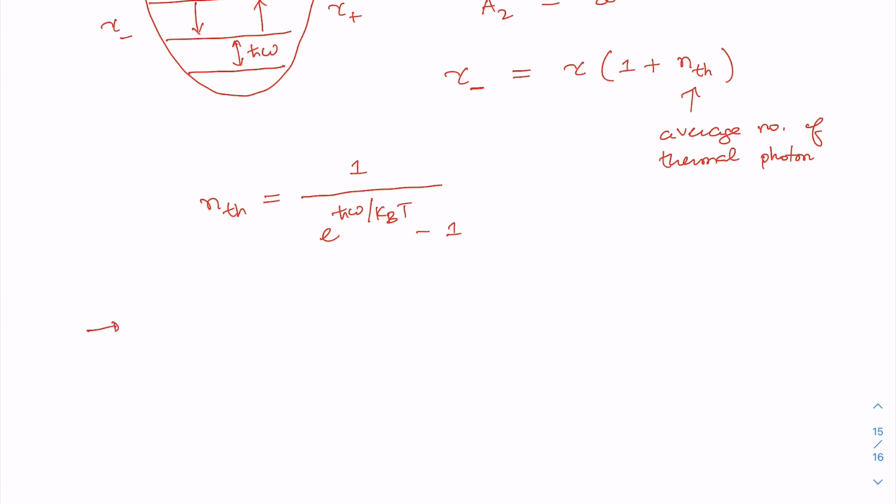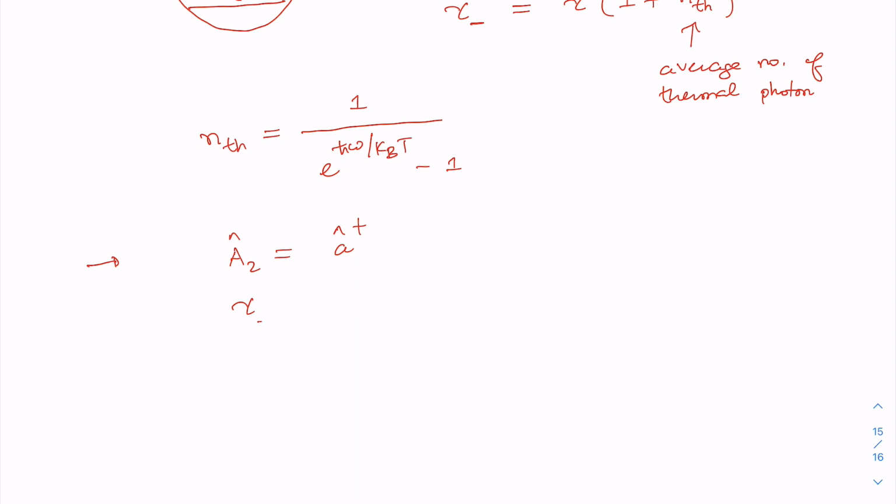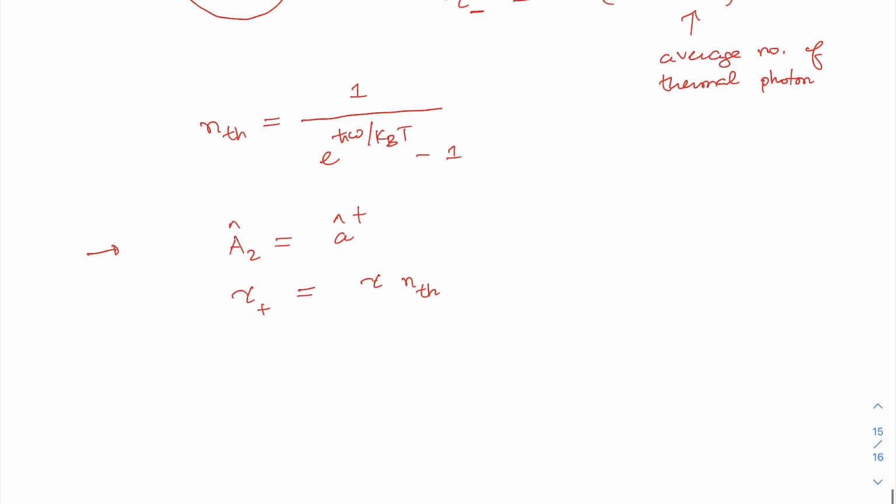On the other hand, we have the other process, the excitation process, and its relaxation rate would be gamma plus. Because of the presence of the thermal photons, it would be gamma n_th. As you can see, at zero temperature n_th would be equal to 0, and there would be no relaxation process in the upward direction.